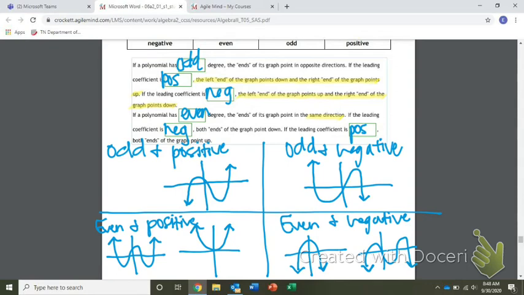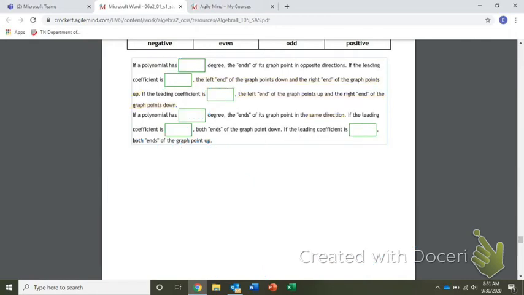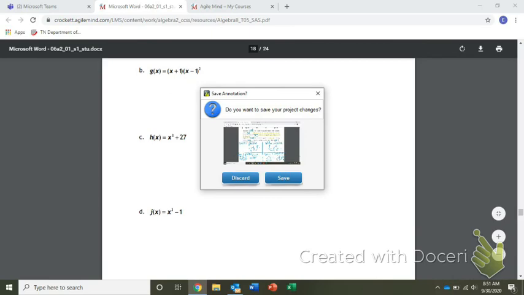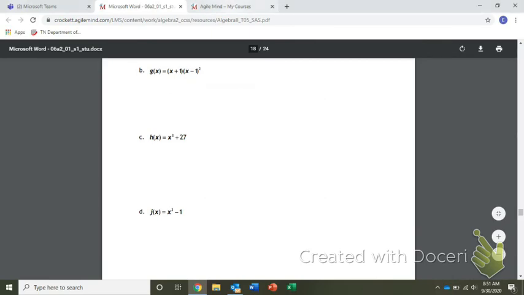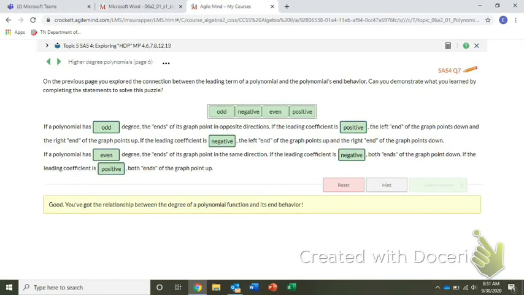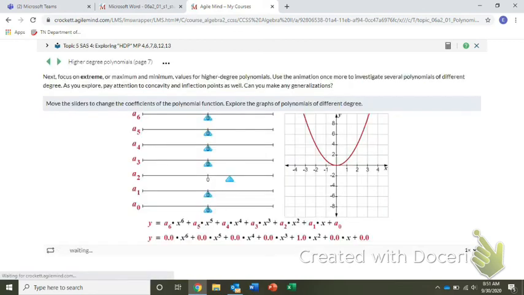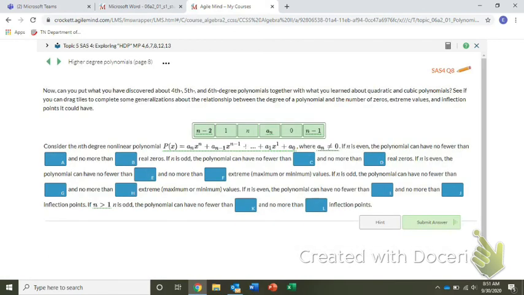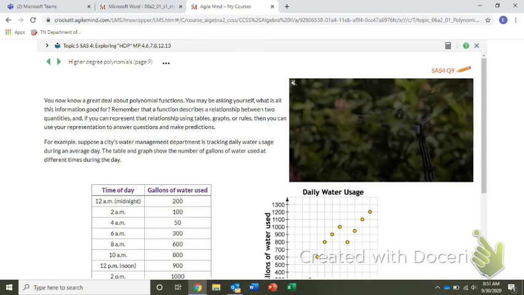All right, flip over. We're going to skip number 8, so you can mark out number 8, and go to number 9.